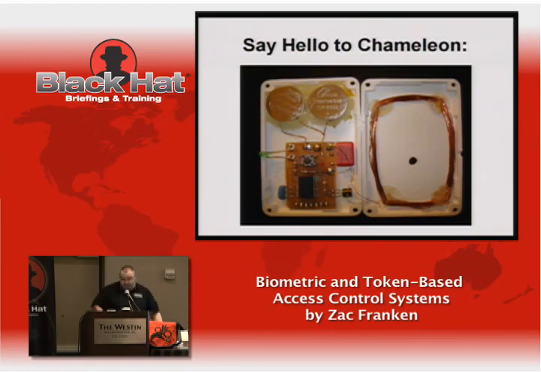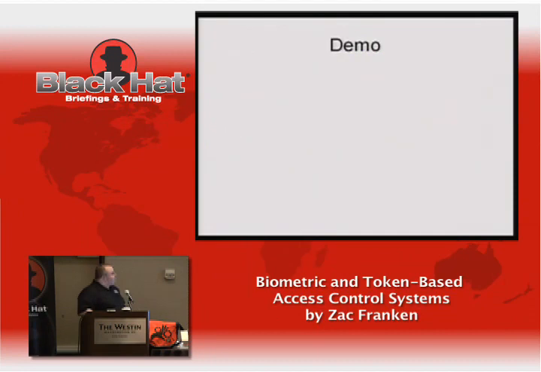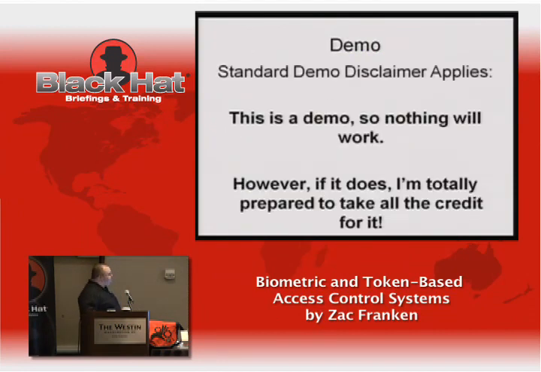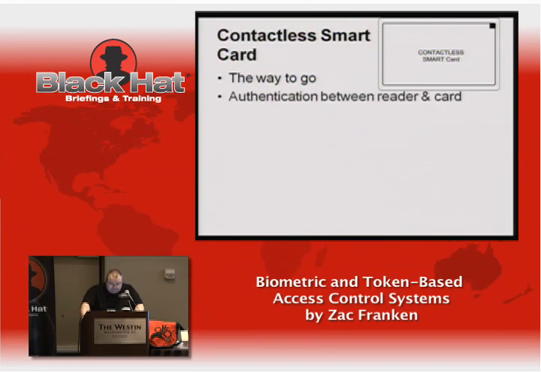But of course, it's not a clone, and I didn't break into my house using the exact same ID as my alarm system, because that just doesn't happen. Okay. Then we have contactless smart cards, which, in my opinion, are the way to go.